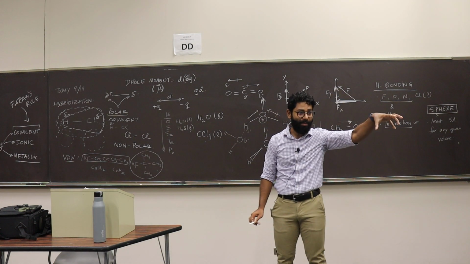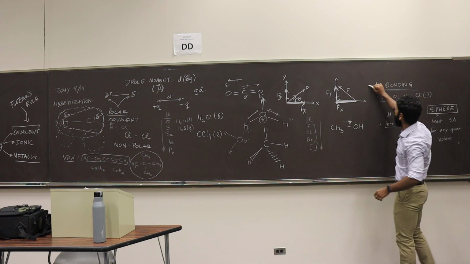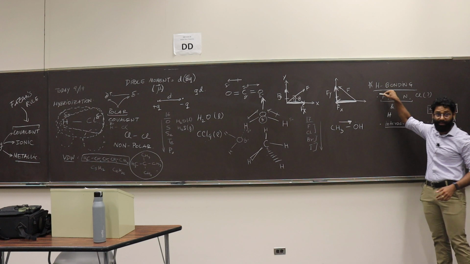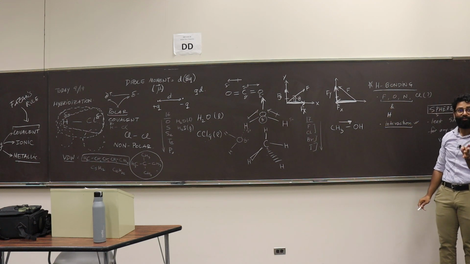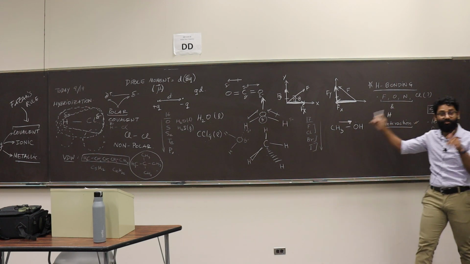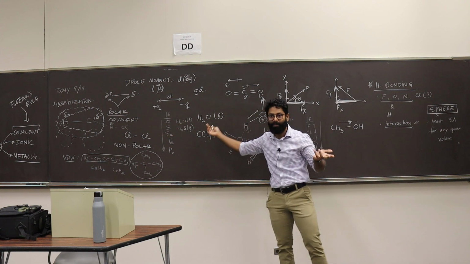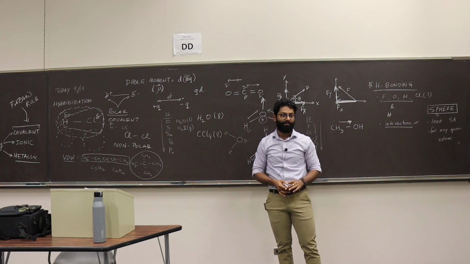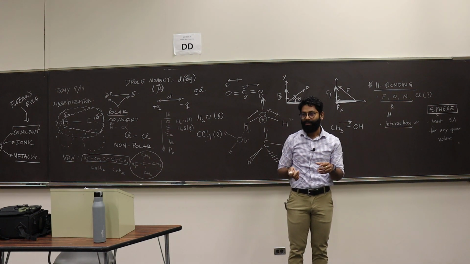So there's a huge amount of interaction, and that too, the best or the highest form of interaction, hydrogen bonding. Because of this huge amount of hydrogen bonding in H2O, we get strange properties of H2O. And that is why this is liquid, by the way. Water is a strange compound.